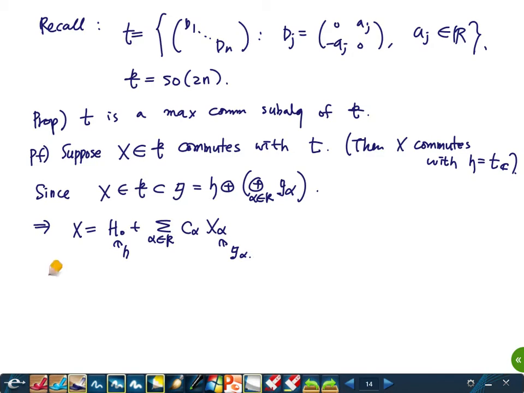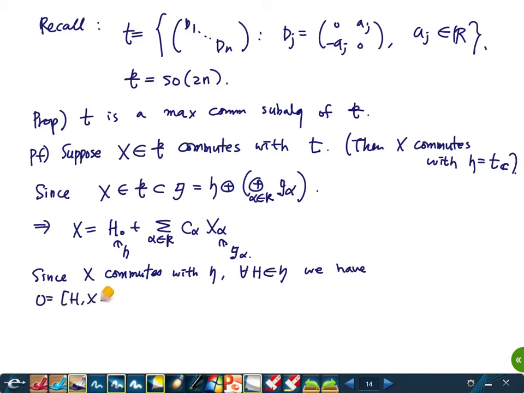And now, since X commutes with H for all H in H, we have 0 equal to [H, X], right?